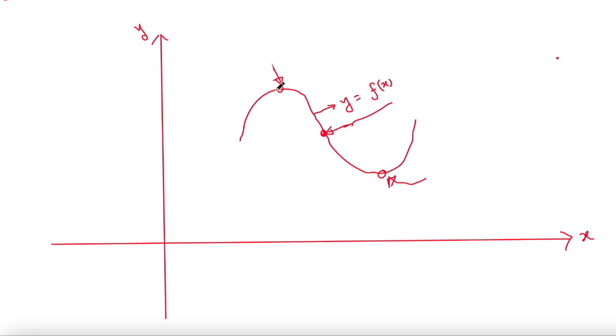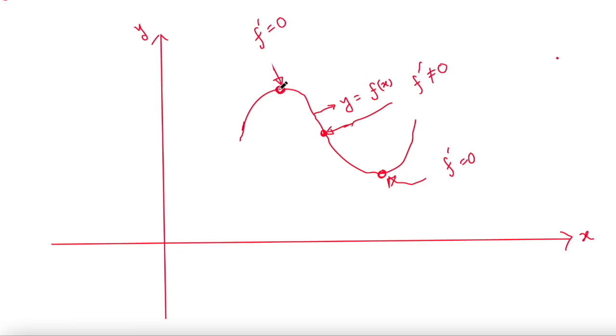So the first condition is, for this point first derivative is 0. For the maximum point first derivative will be 0, and for the minimum point first derivative will be again 0. For the inflection point first derivative is either negative or positive. If it is in this part, then it will be positive. So first derivative not 0.